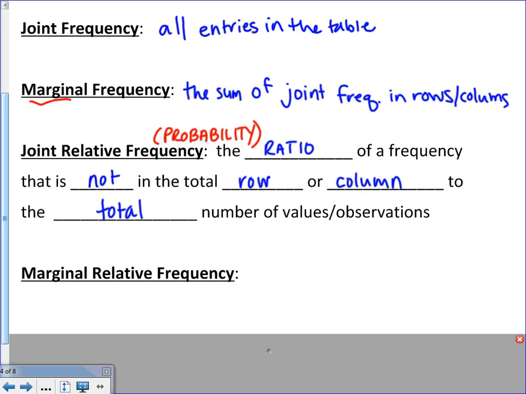The marginal relative frequency then is also a probability, right? It's a relationship of the marginal entries to the total entries. So I'm going to say it's the sum of your joint relative frequencies in rows or columns.